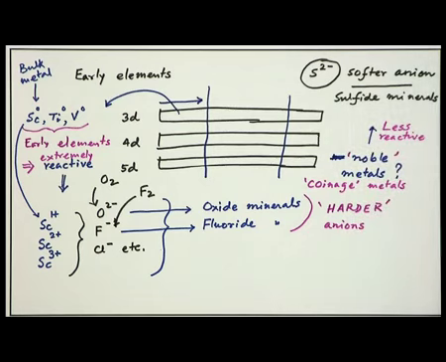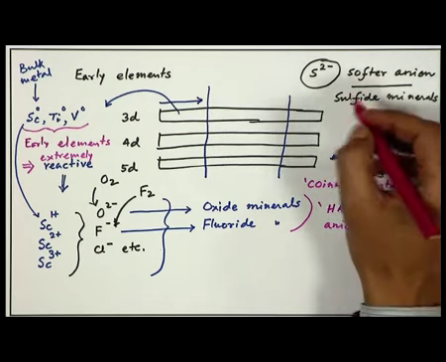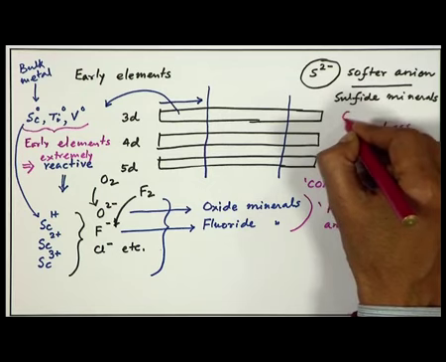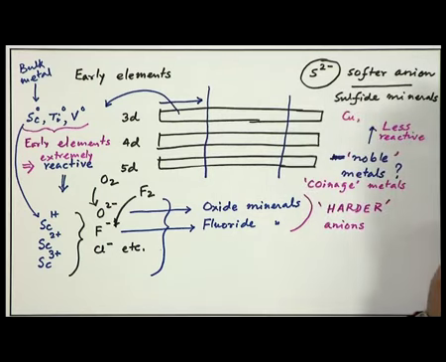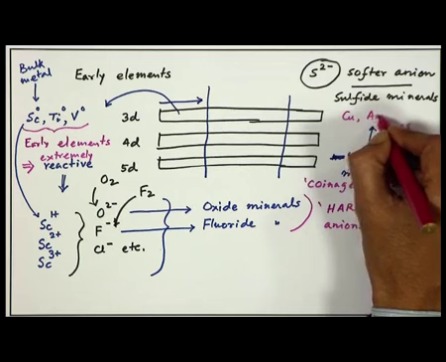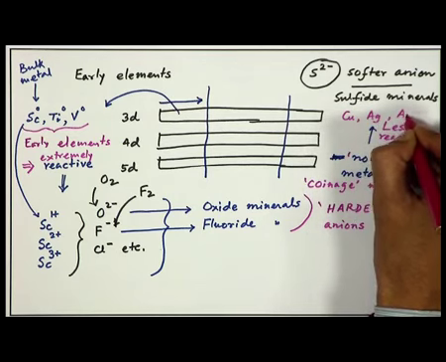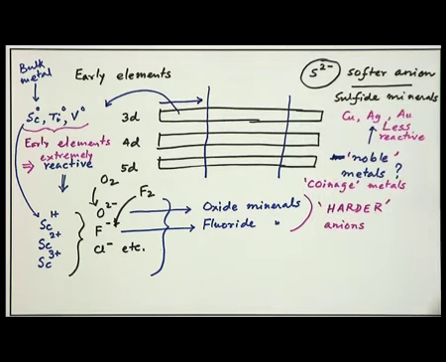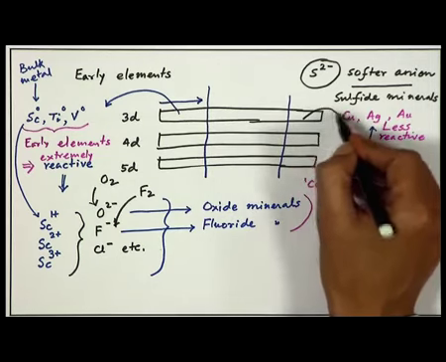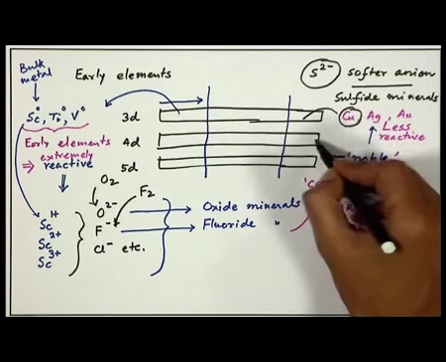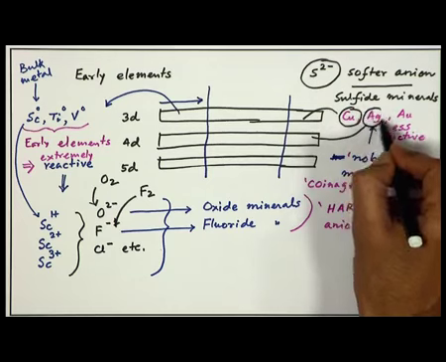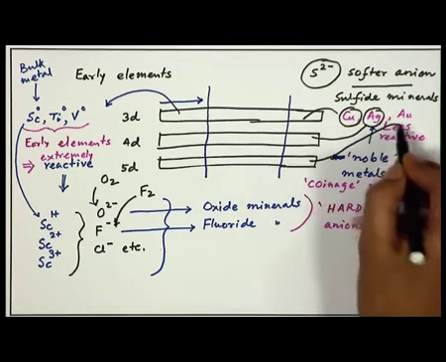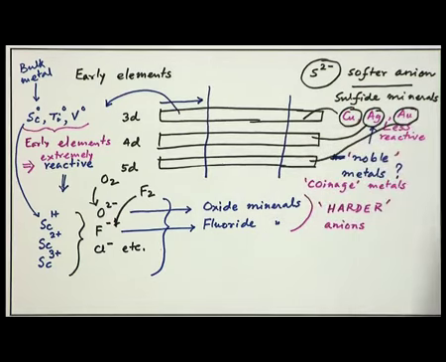And that particular sulfide mineral, if at all we get it, is true for copper, silver and gold. Copper is a member of the 3D, silver is a member of 4D, and gold is a member of 5D. So, their reactivity is very low.